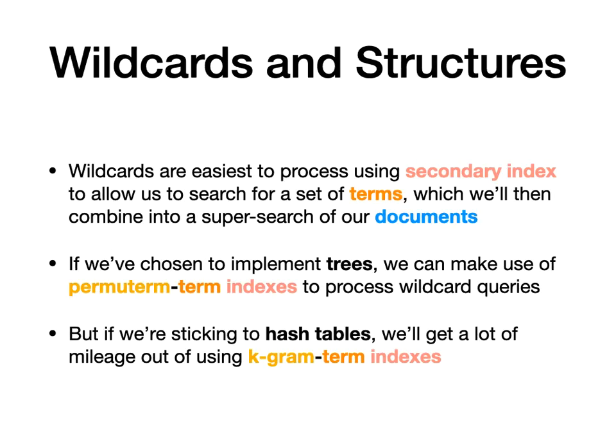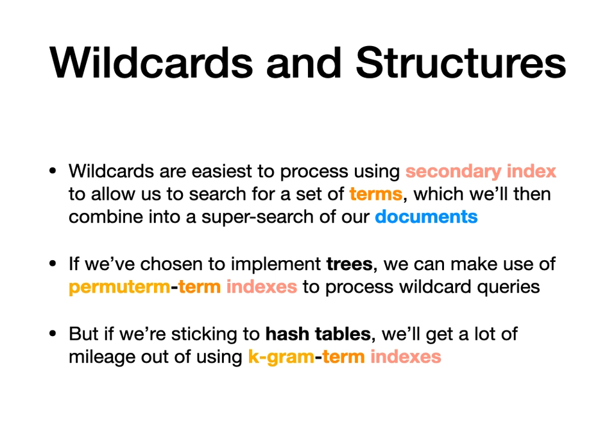So in general, the way you implement wildcard functionality will depend a bit on your structure. The best way to do them is not to rely directly on your structure and instead build some kind of secondary index to let you search for sets of terms, and then we'll turn around and use the sets of terms found from the wildcard to find sets of documents. If we do trees, we can exploit the natural properties of trees, still doing this secondary index using permuterms, right?